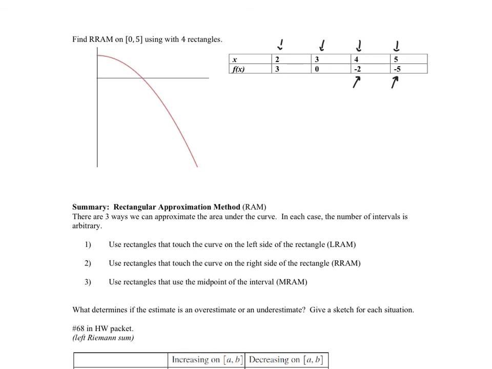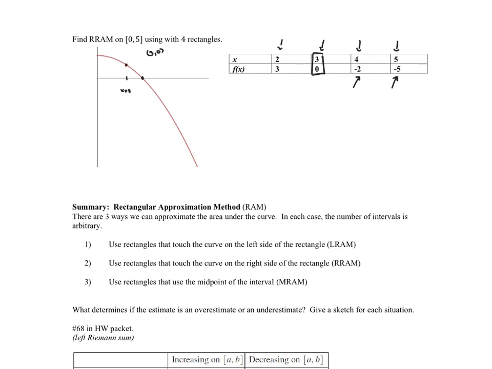Okay, so let's isolate these by using first 3, 0. This point here has to be the point 3, 0. I'm going to just put that off to the side up here, knowing that that's where it's at. Now proportionally speaking, here would be x equals 2.